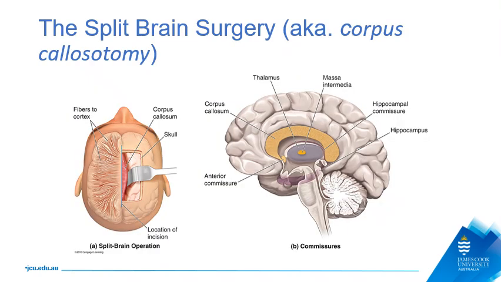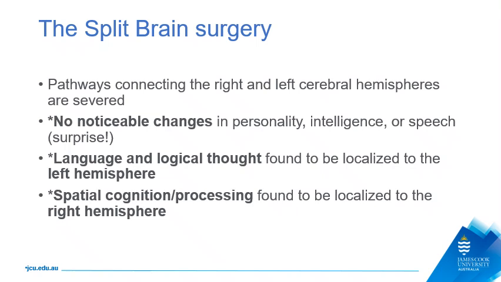And now we look at the split brain surgery. It is also known as corpus callosotomy because it involves the severing of the corpus callosum. So the split brain surgery, in a nutshell, involves the pathways connecting the right and left cerebral hemispheres being severed.